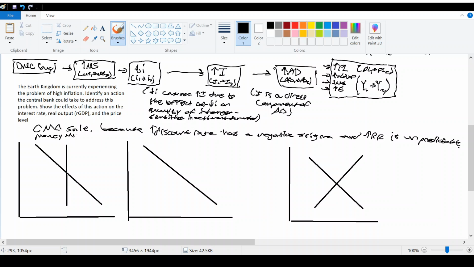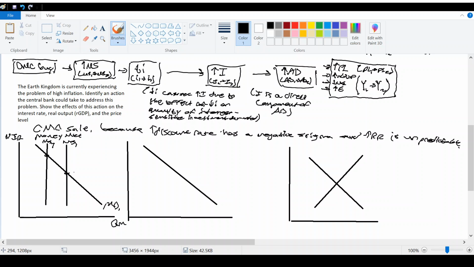So money market, here's your money supply 1, your money demand 1, quantity of money, nominal interest rate, all the same, the graph's all the same, except now, instead of an increase in money supply as a result of OMO buy, we have a decrease in money supply due to OMO sale. We're selling bonds on the open market, decreasing the money supply to MS2.